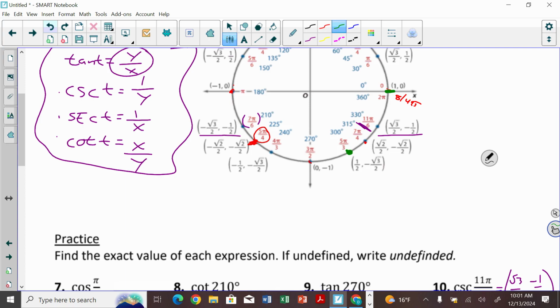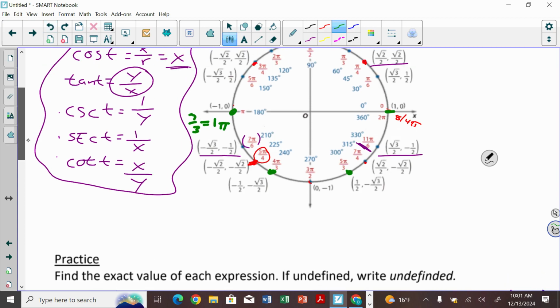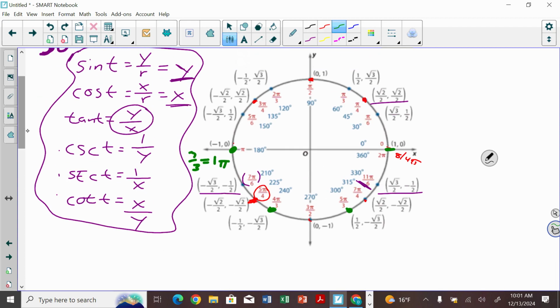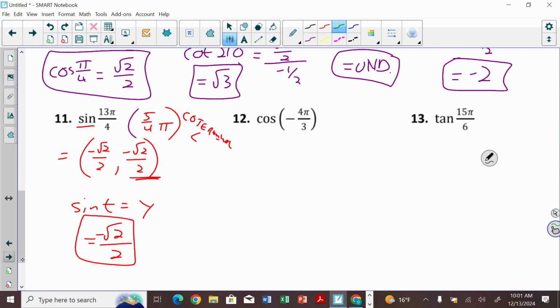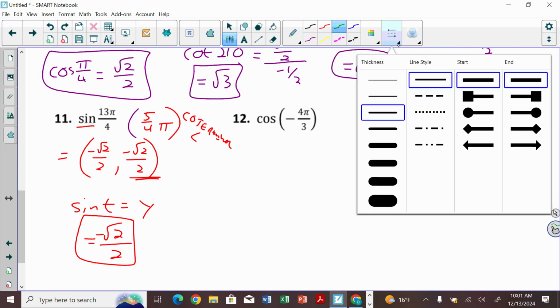Okay. 2/3 would be here. 3/3, right? Because 3/3 is equal to 1 pi. And then if I'm going 4/3, that would take me up here. So it's actually going to be equivalent to this, 2/3 pi. So let's keep going then.